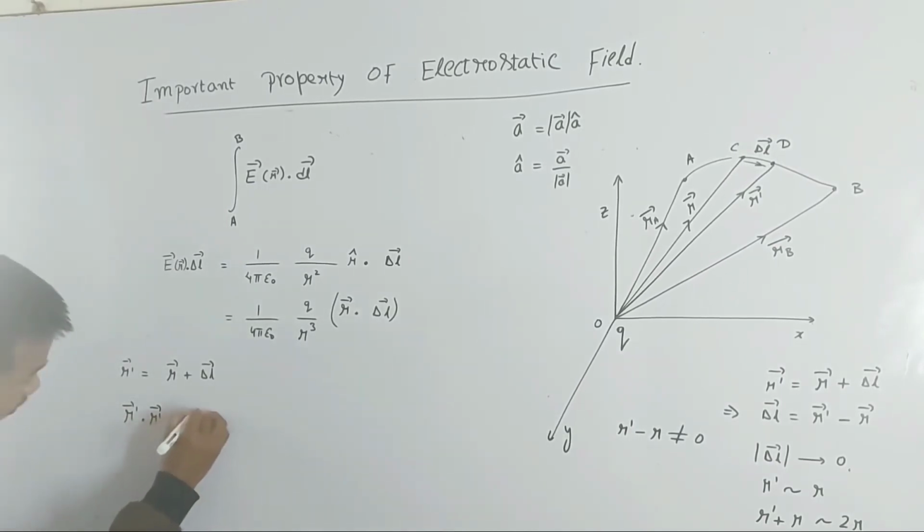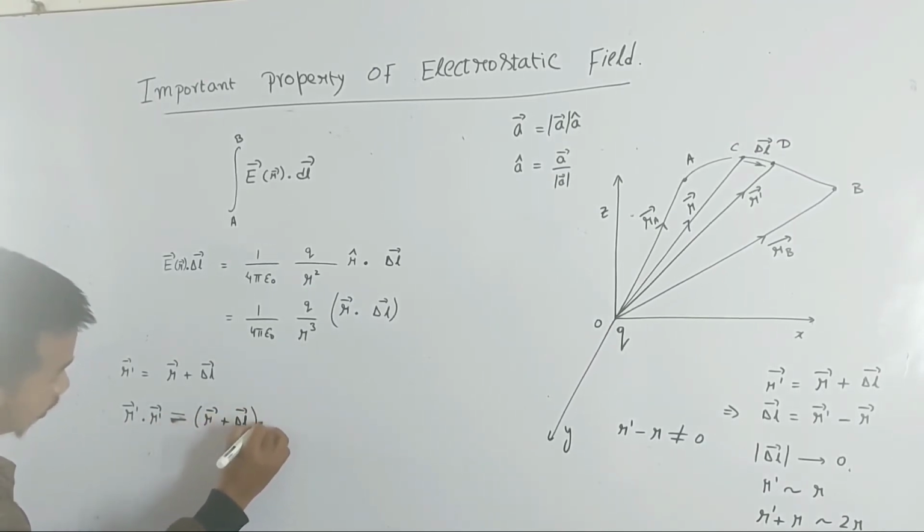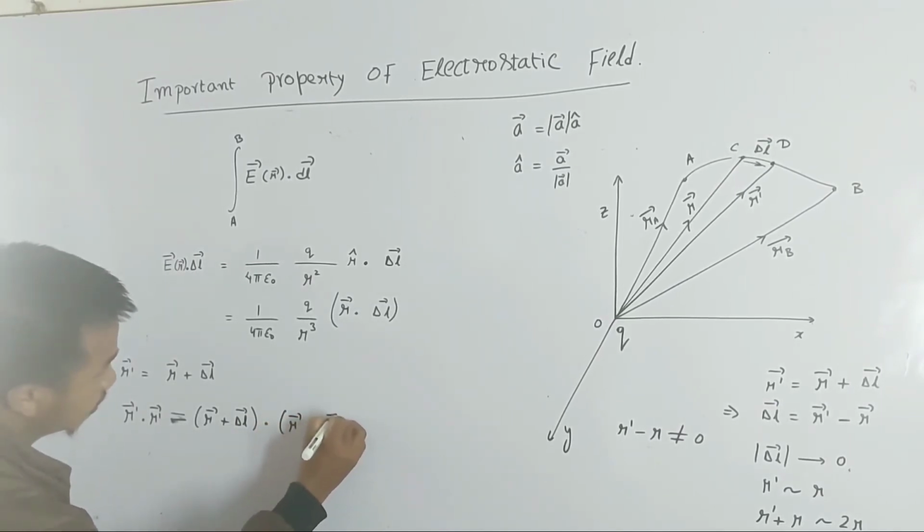So we will get R plus delta L dot R plus delta L.